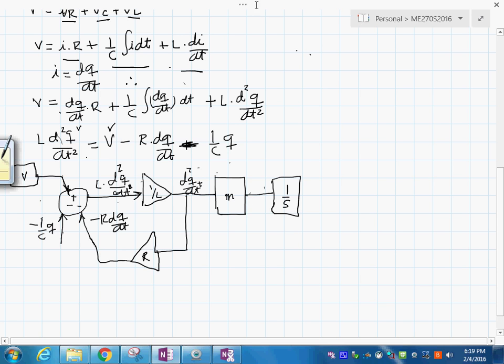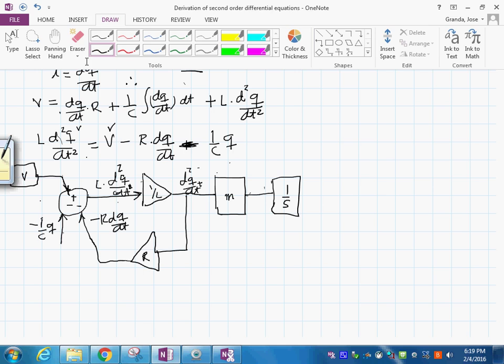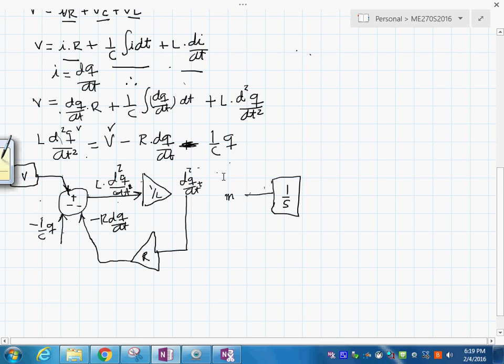I think we have a little bit of correction to make in here. We need to integrate this thing twice. So we're going to integrate once now, and then 1 over S the second time.